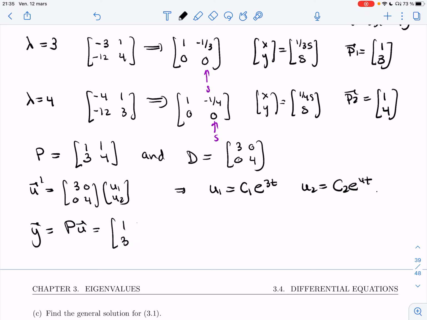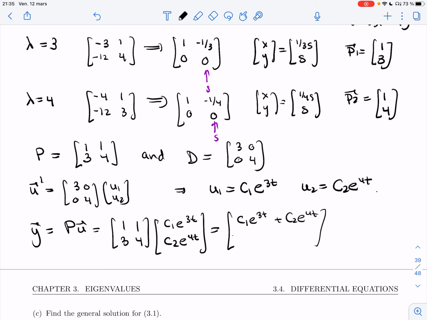So that's 1, 3, 1, 4 times c1 e to the 3t, c2 e to the 4t, and then I'm going to multiply them. I get c1 e to the 3t plus c2 e to the 4t, and 3c1 e to the 3t plus 4c2 e to the 4t. All right, so that's the solution for the system.